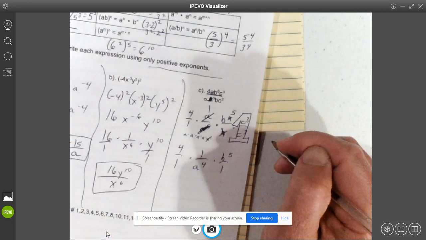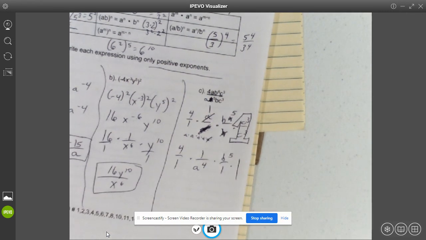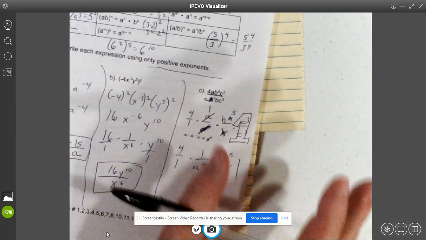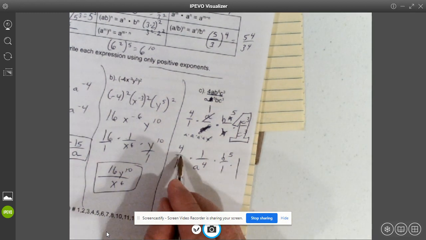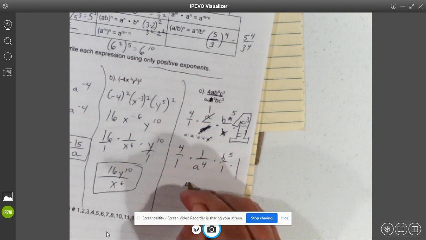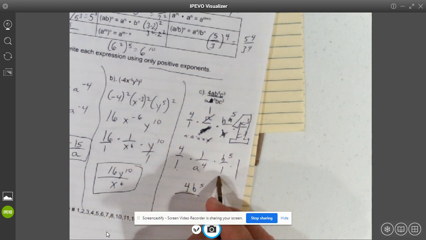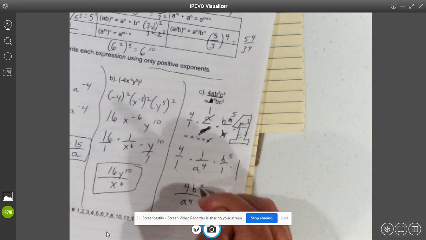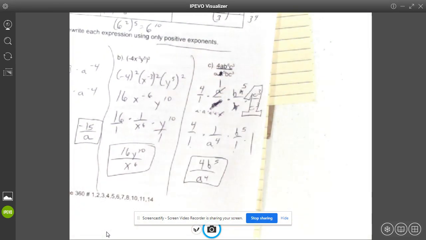That's just a fancy form of 1. So that's just times 1 there. And now that I've got things canceled out and simplified, I can go ahead and put it back together. Top times top times top, I get 4b to the fifth over bottom times bottom times bottom, a to the fourth. So that whole mess we had at the beginning can simplify to 4b to the fifth over a to the fourth.